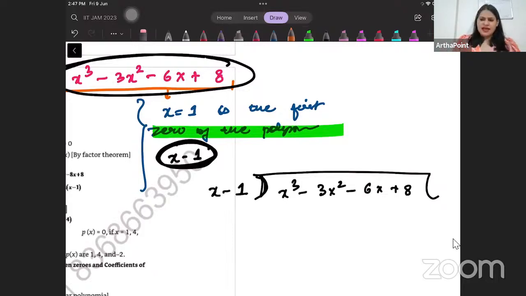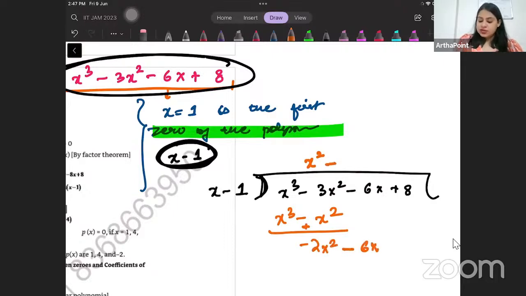So when I divide it by x minus 1, what will I get? Well, the first term should be x square. So this will be x cube minus x square. I hope you know how to divide. So this will leave minus 2x square minus 6x. Then this will be minus 2x, so minus 2x into x is minus 2x square plus 2x.